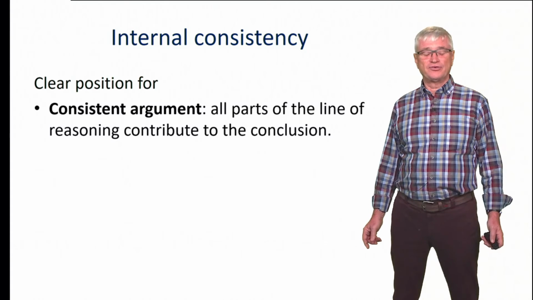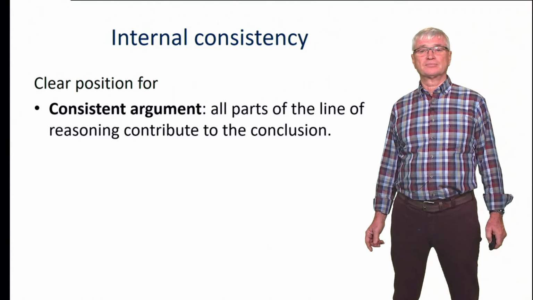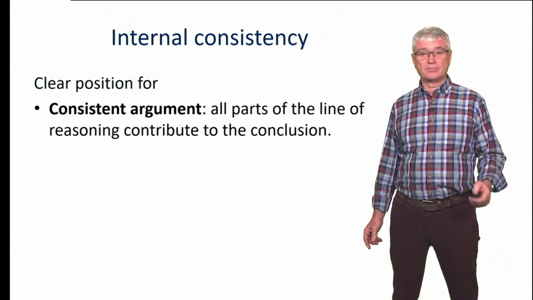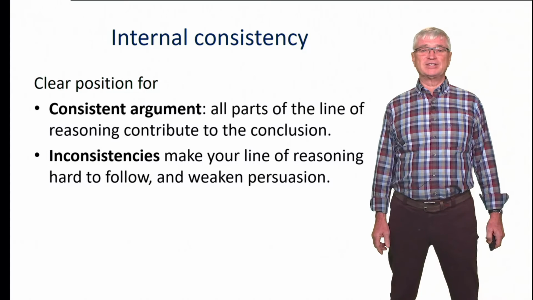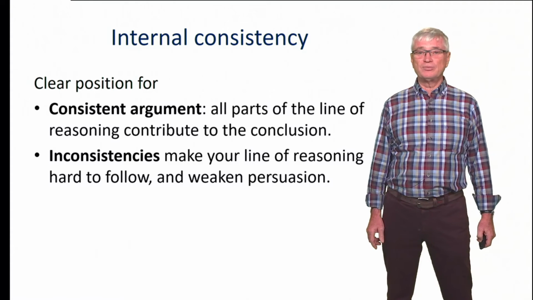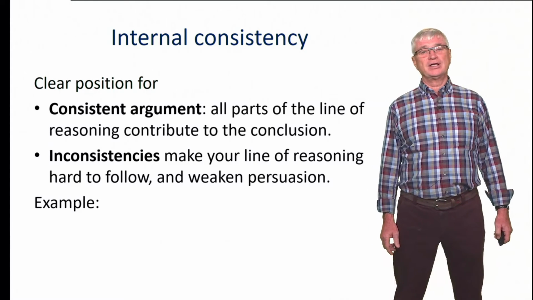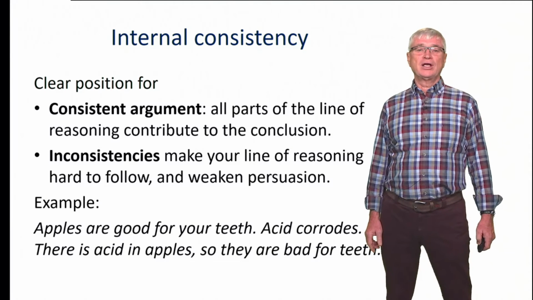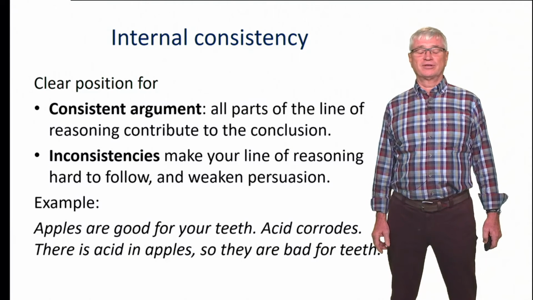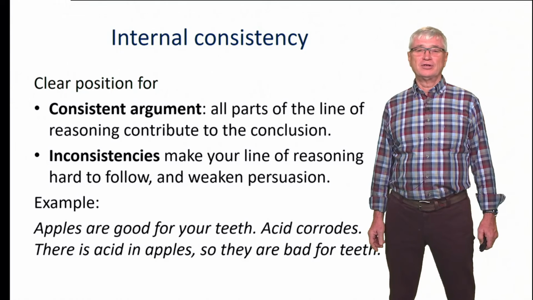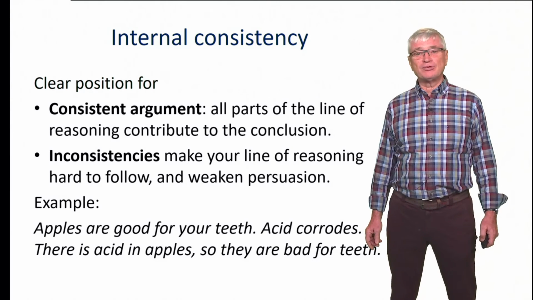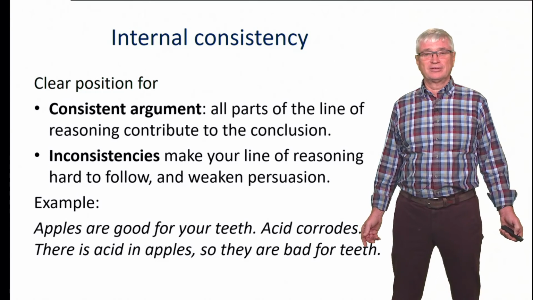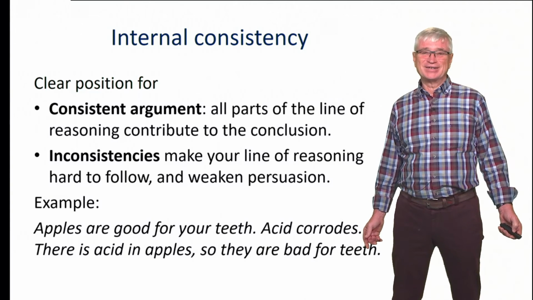All of it contributes to the conclusion. Inconsistencies make your line of reasoning hard to follow and weaken persuasion. Example: apples are good for your teeth, if that is your overall argument. And then suddenly it says acid corrodes. There is acid in apples, so they're bad for teeth. This is inconsistent.